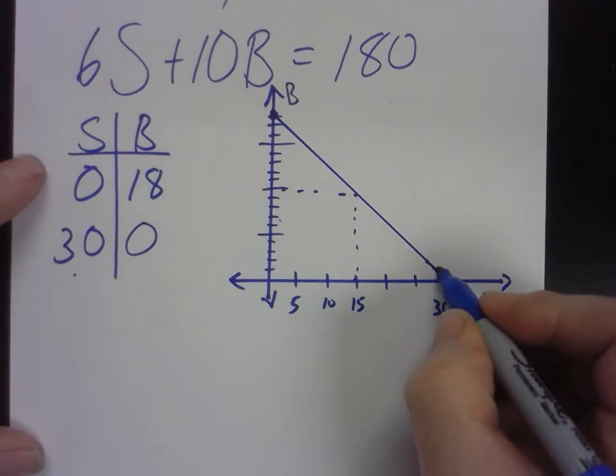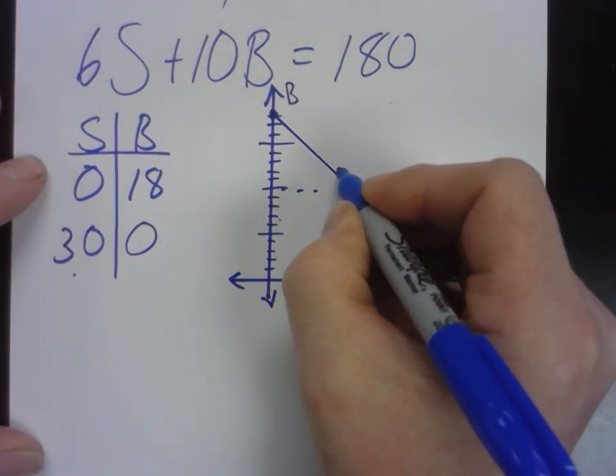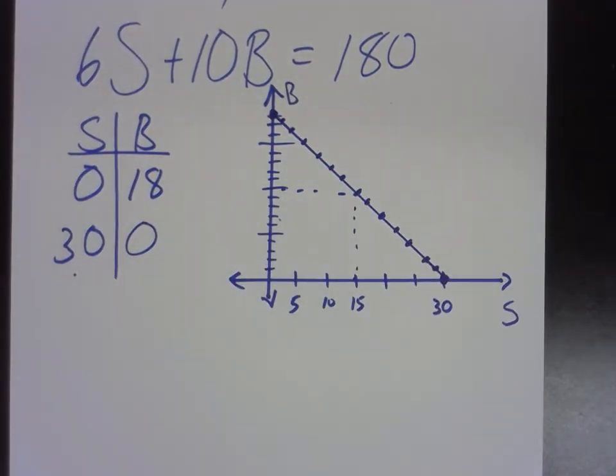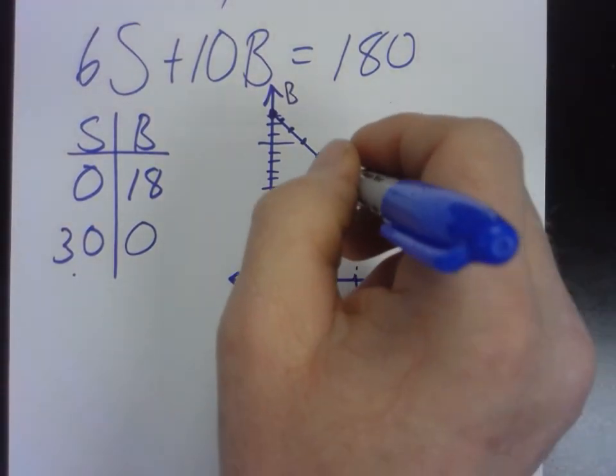Isn't this actually going to be like dot, dot, dot, dot? Do you want us to dot it, or can we just try a line? You can draw the line. So that's what it's talking about, all the different combinations that will work out.